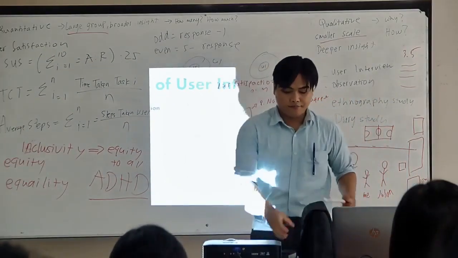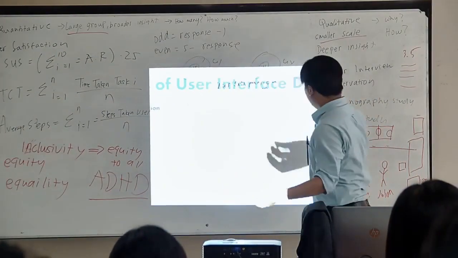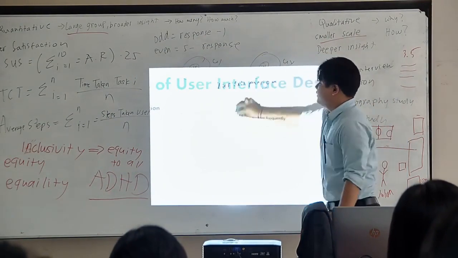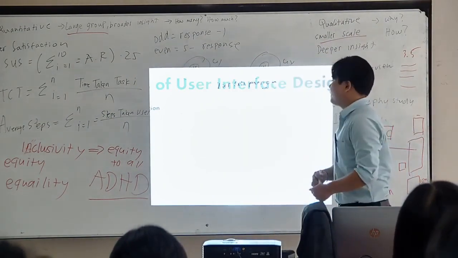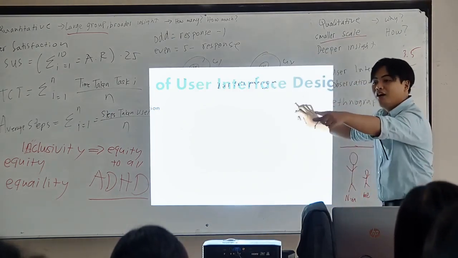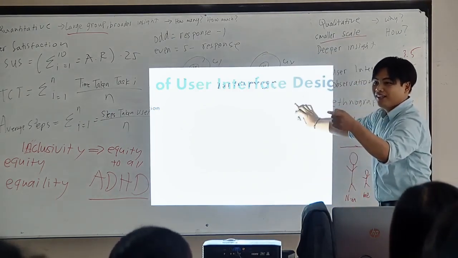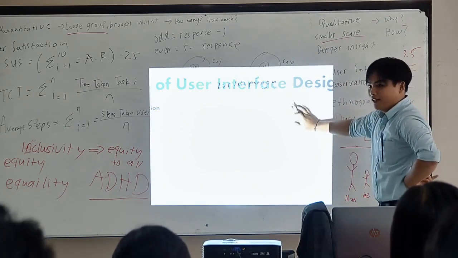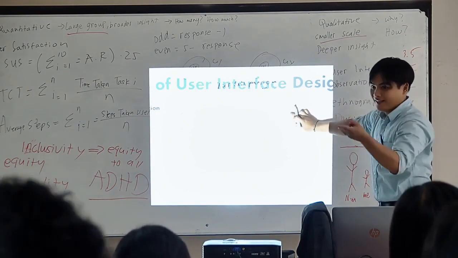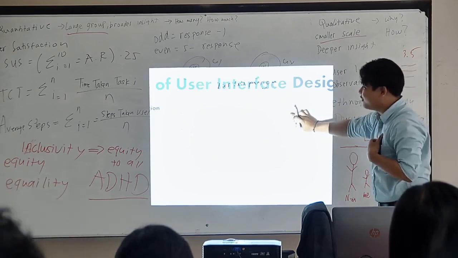Number 1. Let's say we assess Instagram. What's your name? Ganesha. Please read this question in your heart and give a score from 1 to 5.